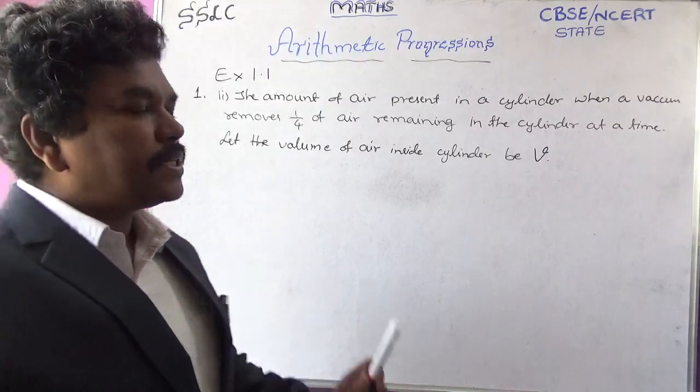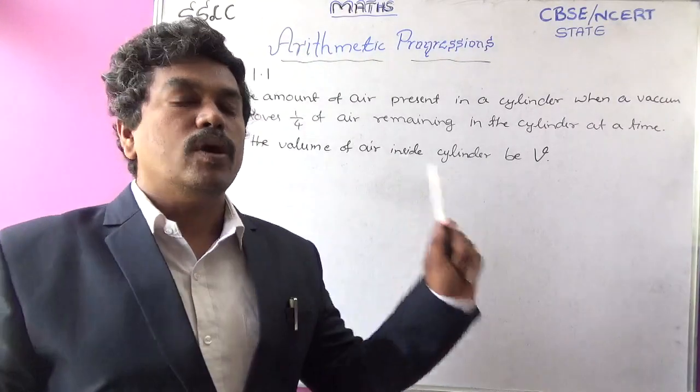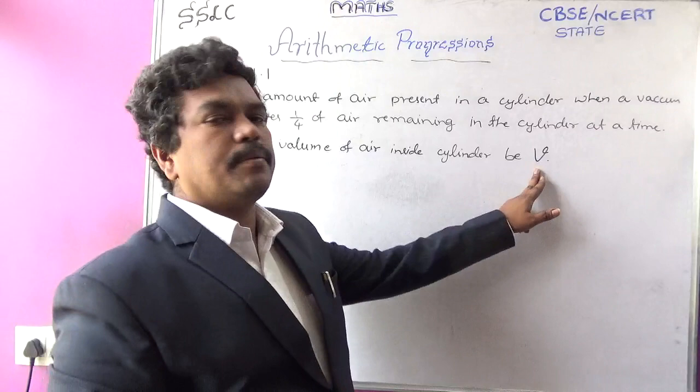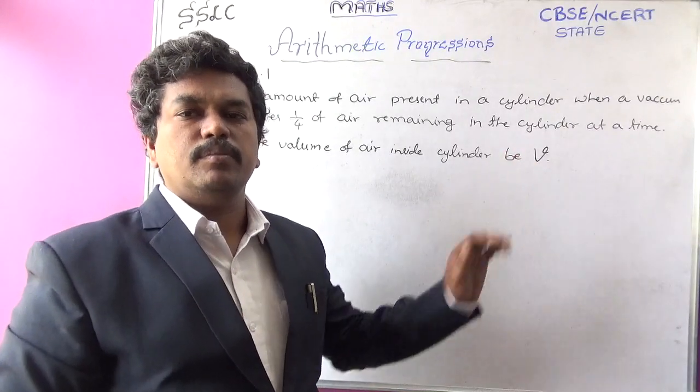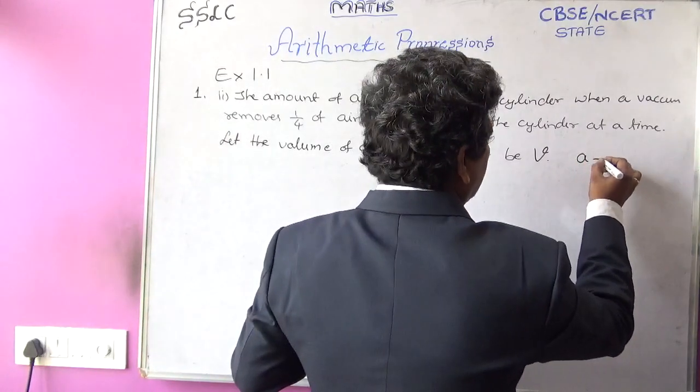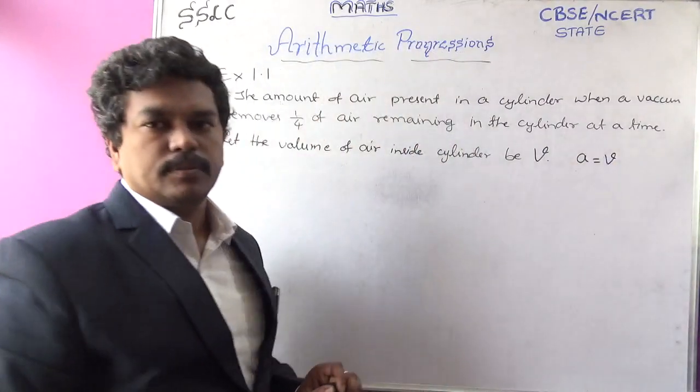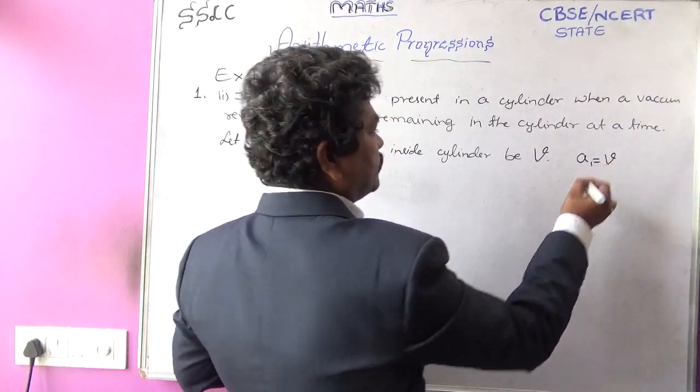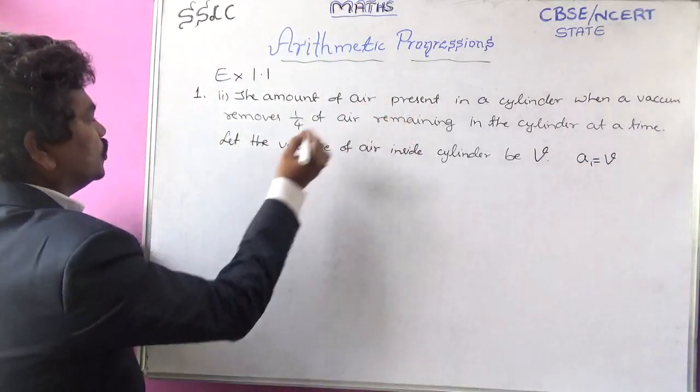Then for the first time we have to remove 1/4 of the volume. This is the first term here. So the volume of the air is the first term. So therefore we write A is equal to V. This is the first term, or we take this as A1, the first term. And then we have to move on.